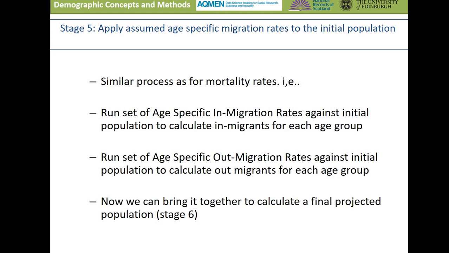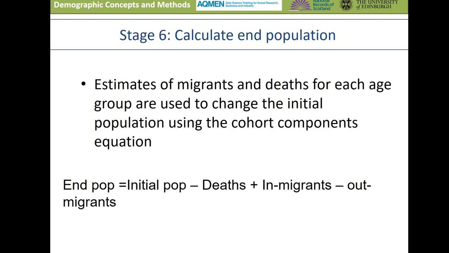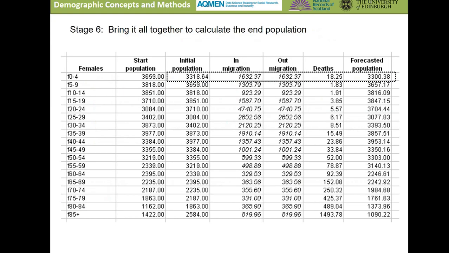And then we're ready for stage 6, where we can bring it all together to calculate our final projected population. So in stage 6, we're taking our initial population, we're taking away deaths, adding on in-migrants and taking away out-migrants to give us our end population, or population at a later time point.